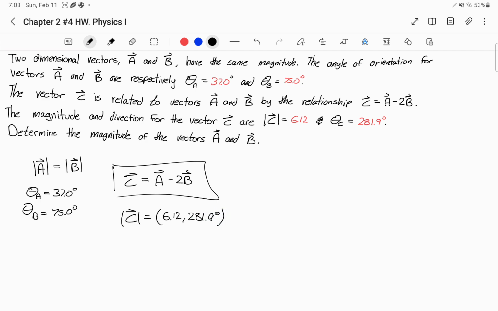And they want us to determine the magnitude of vectors A and B. Because the magnitudes of vectors A and B are the same, we only need to solve for one magnitude, and that will give us the magnitude of the other as well.